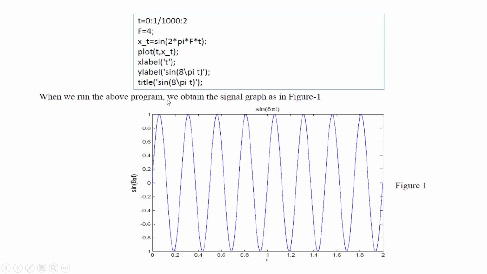This is how the labeling is to be done. Title of the graph is sine 8 pi t. So that's how you can define the title of the graph.